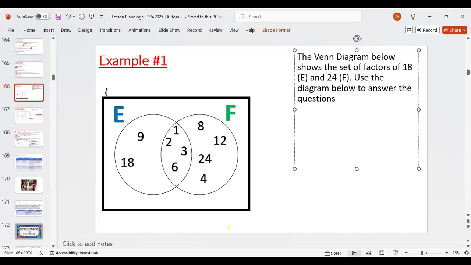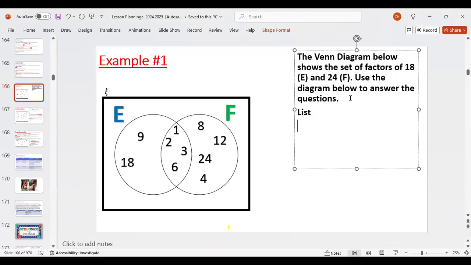All right. Krizia, are you writing this down? Where's Krizia? Yes, sir. That's good. And Jemiah, are you writing this down? Yes, sir. Read these instructions for me, please. Use the Venn diagram below to answer the questions.